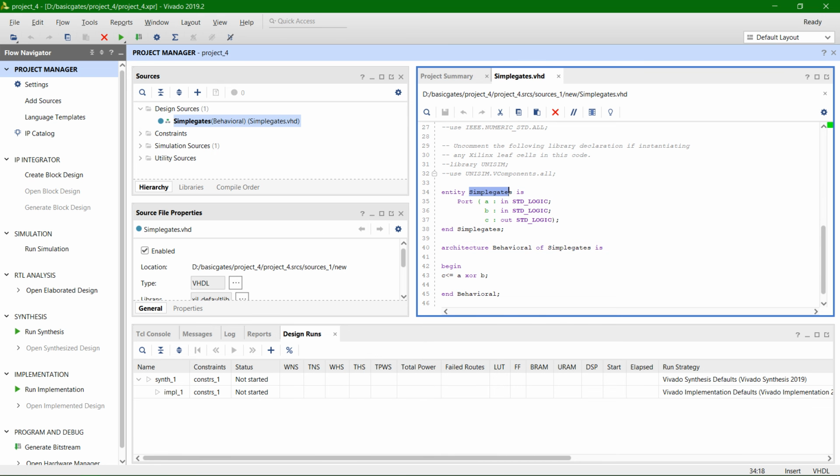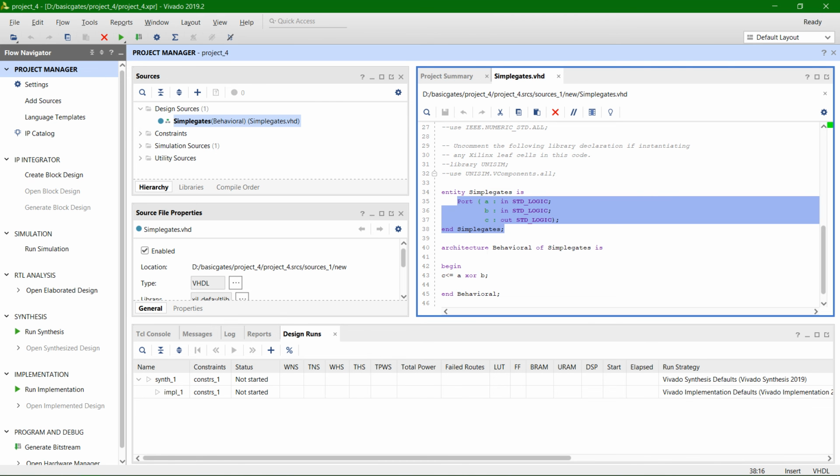In the next line I have defined my input output ports, where I have given A and B to be in standard logic and C to be out standard logic. Then I have ended my entity portion, and from the next line I have started to write the architecture portion.